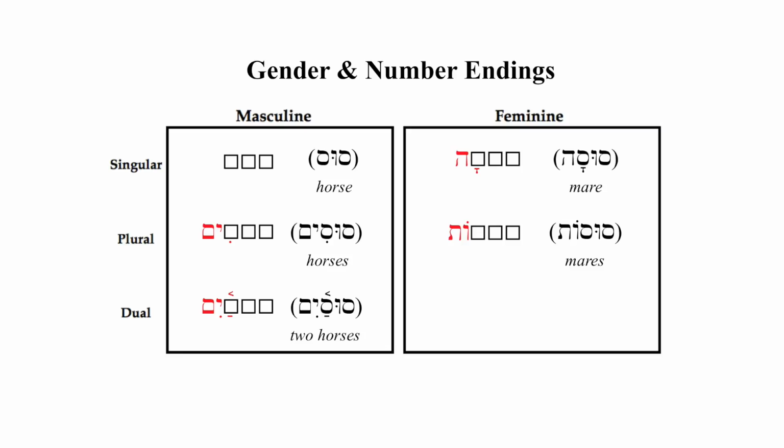If we take that same ending, ayim, and add it to not susa, but add it to susat, the old feminine ending, we end up with a feminine dual. So susatayim becomes two mares. And this table represents all of the endings that designate gender and number for Hebrew nouns.